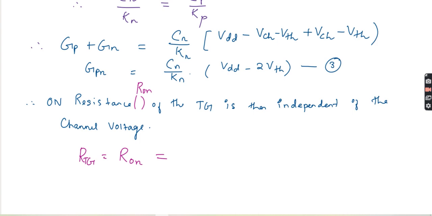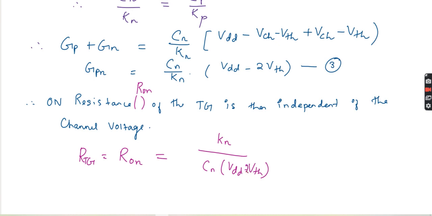So R on will be equal to Kn divided by Cn into VDD minus 2 VTH. You can see here the on resistance is independent of the channel voltage.